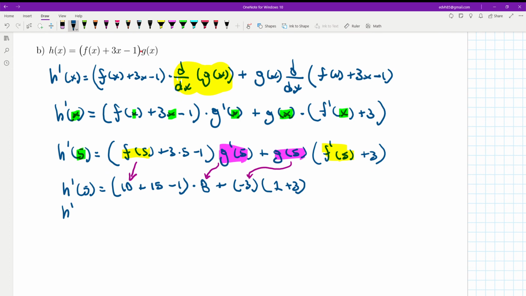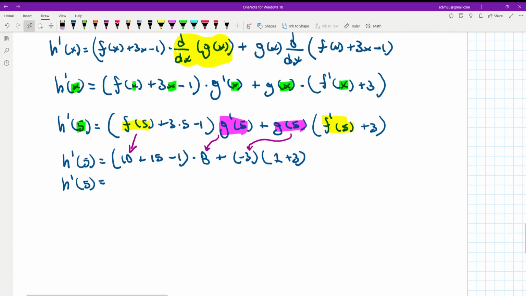Let's simplify this quantity. H prime of 5 equals 10 plus 15, that's 25, minus 1, that's 24, times 8. And 1 plus 3 equals 4, and 4 times negative 3 is negative 12.